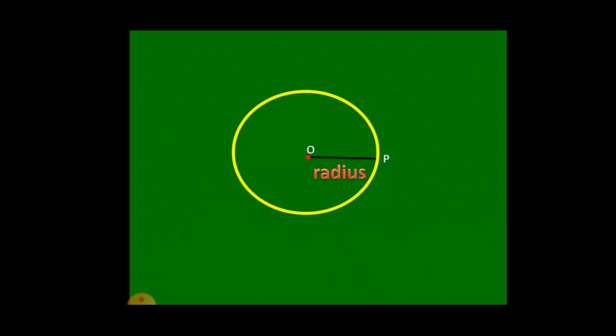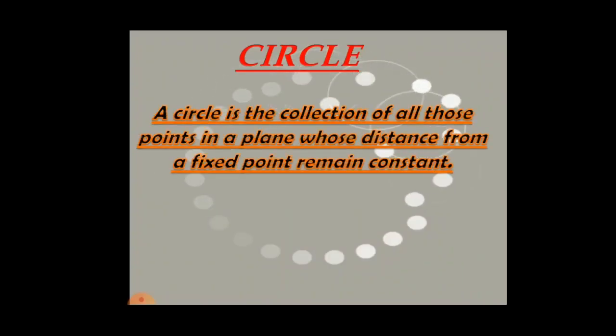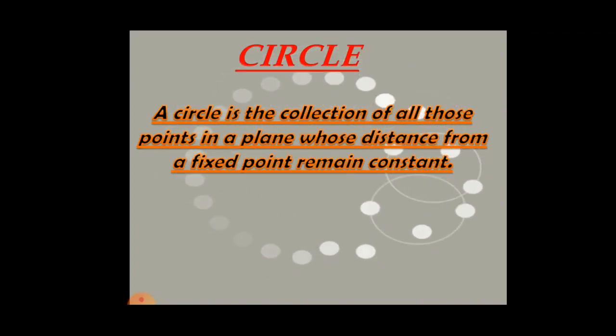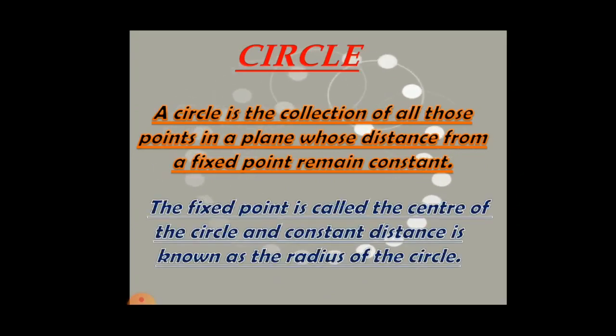Now let's look at the definition of a circle. A circle is the collection of all those points in a plane whose distance from a fixed point remains constant. The fixed point is called the center of the circle, and the constant distance is known as the radius of the circle.